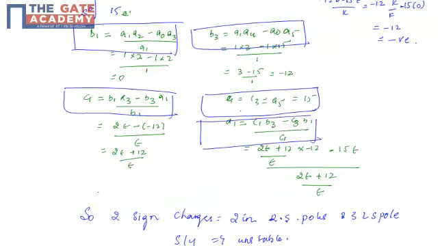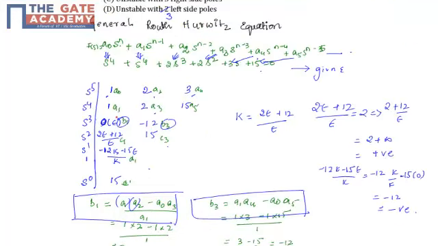We know the values of A0, A1, A2 and A3, so directly substituting the values in these formulas, we obtain B1 as 0 and B3 as minus 12, and C1 as 2 epsilon plus 12 by epsilon, because we are assuming 0 as epsilon for further simplification.